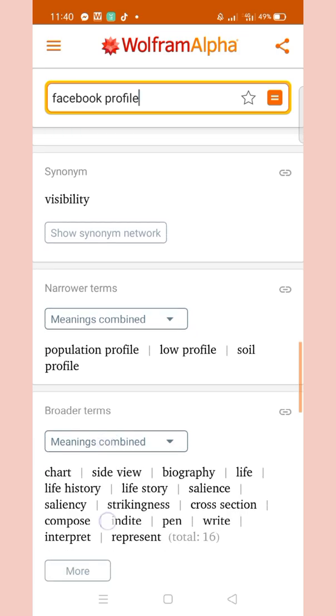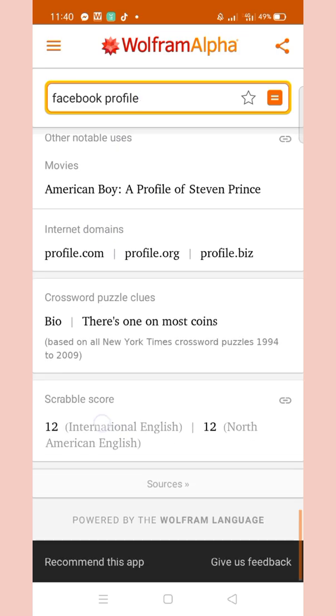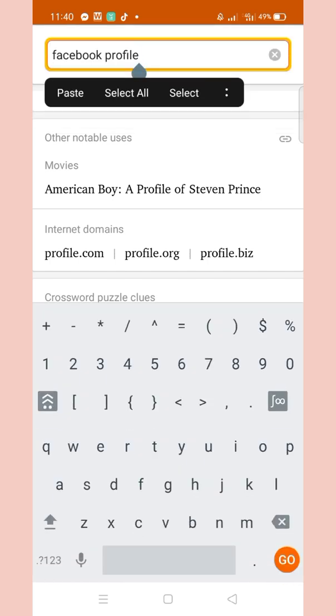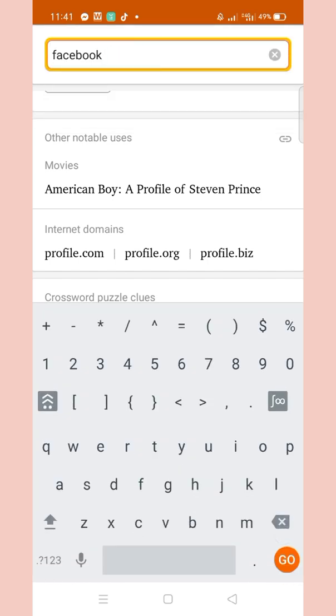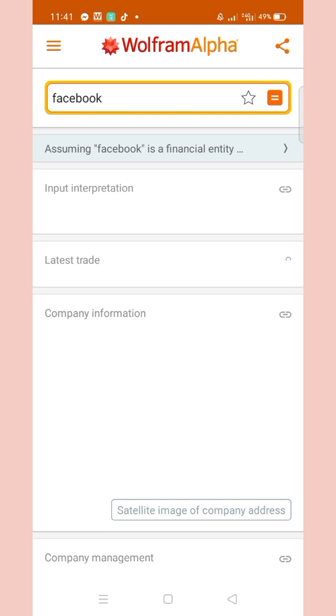So when I search Facebook profile, these are the results, and now I will search Facebook only. Then we can see here there is lots of information about Facebook.